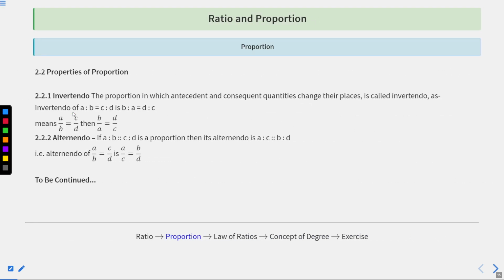Properties of proportion. First of all, we have invertendo.